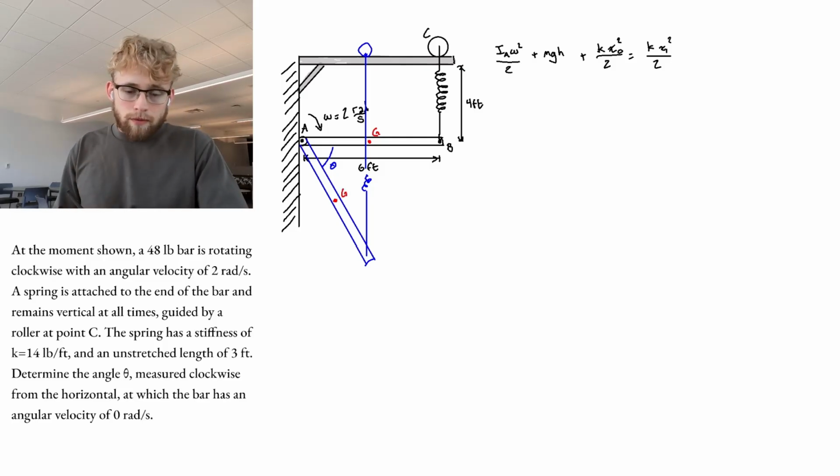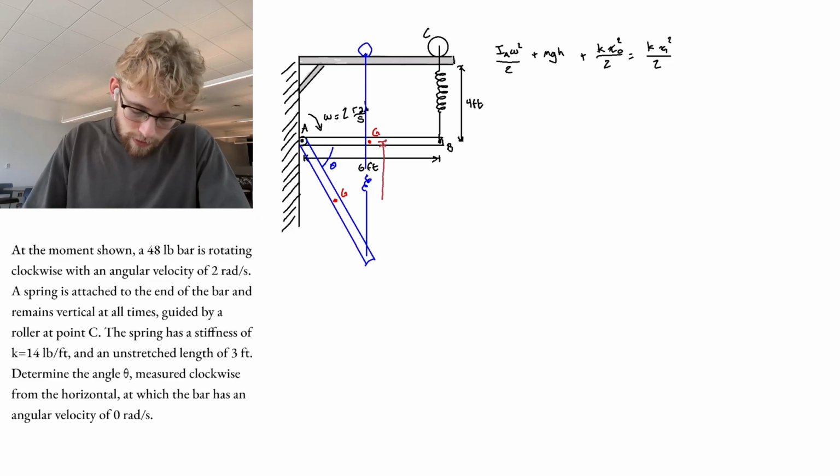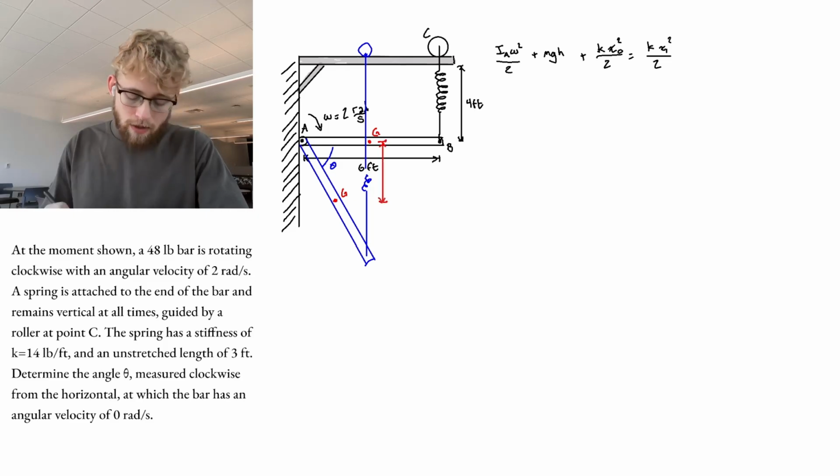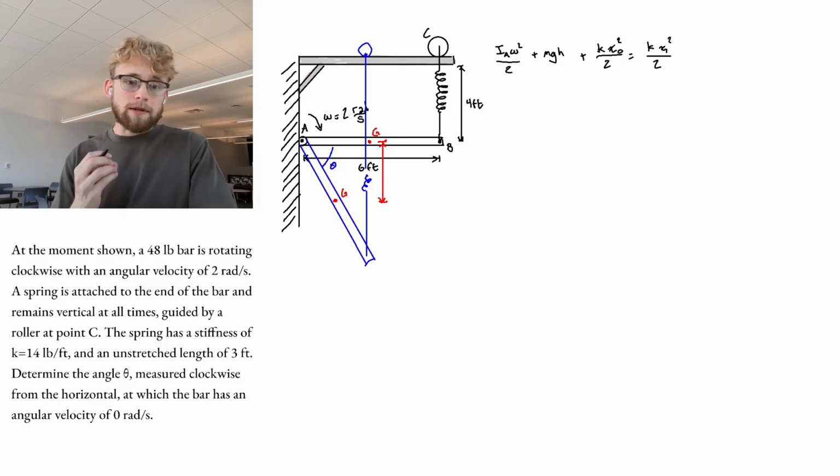Now, you might say that the distance that it moved was this right here, but actually the distance that G has moved is this distance right here. Well, how can we find that distance? And how can we relate it to X?